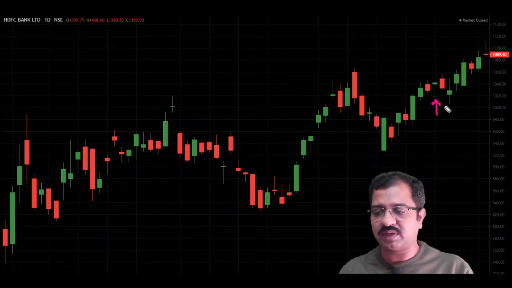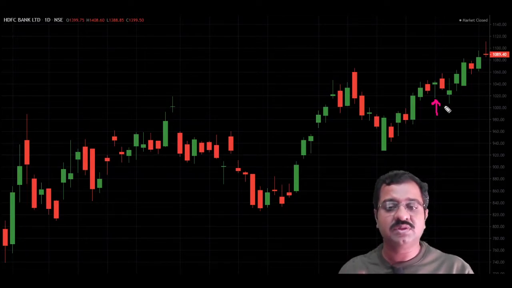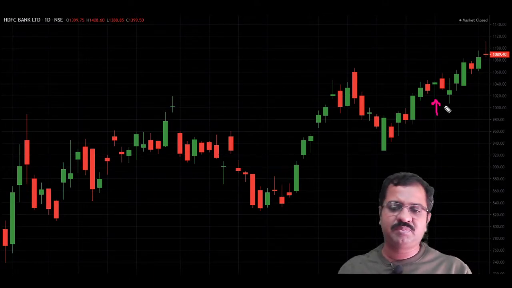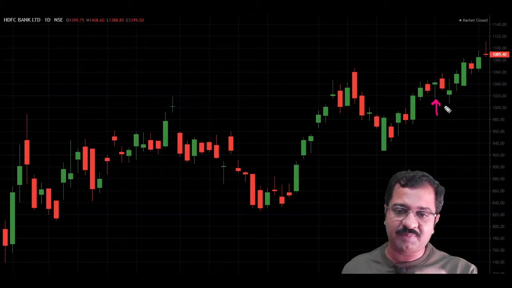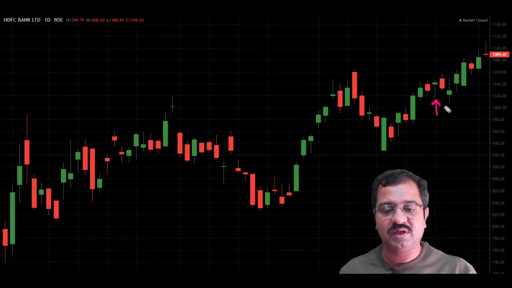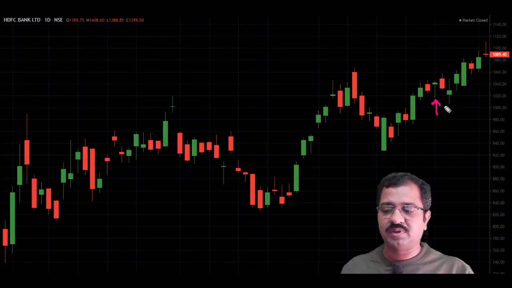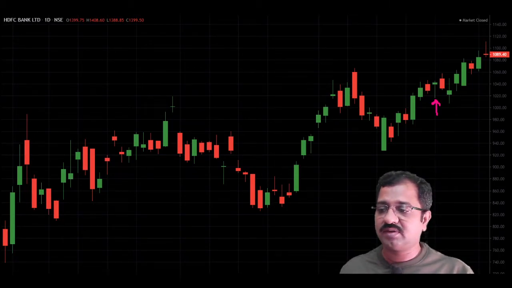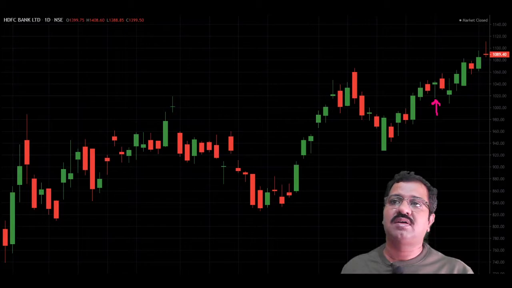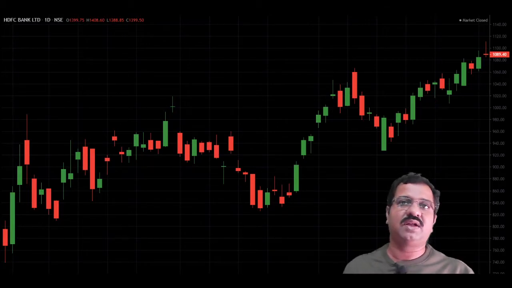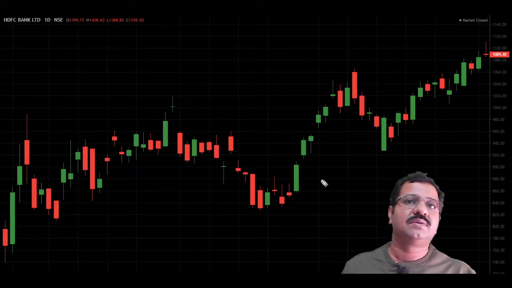So you have to draw these meanings from the context where this is forming. These names, whatever I am telling you, doji, dragonfly doji, if you don't remember them, no problem, but you should understand the context, what is happening on that day or in that period. The next type of doji is the gravestone doji, and it is the reverse of the dragonfly doji.